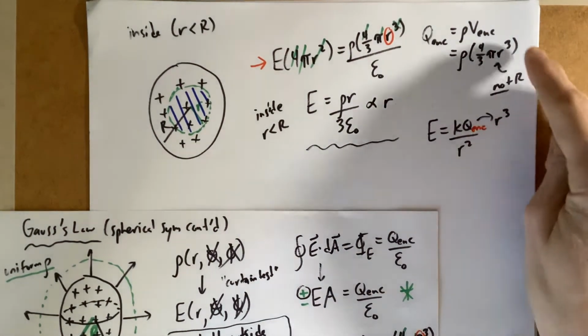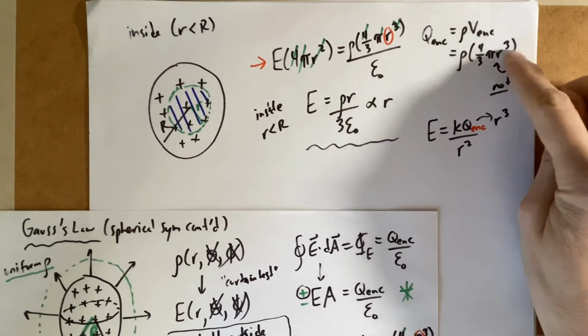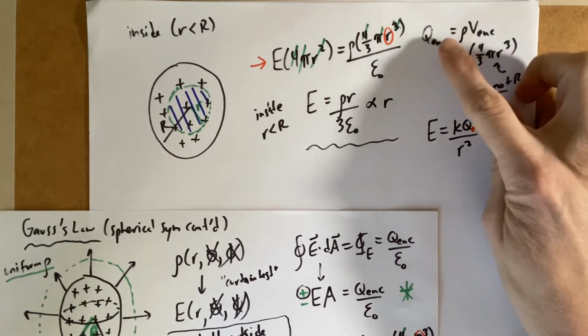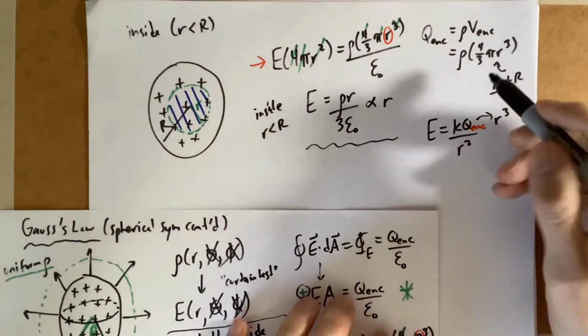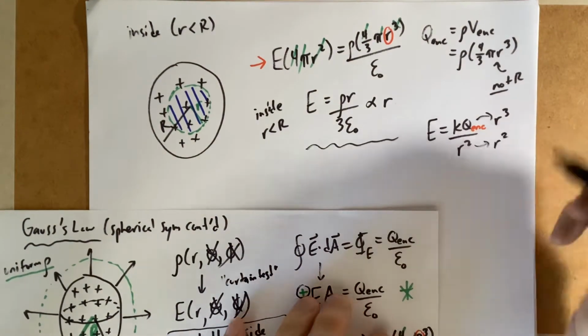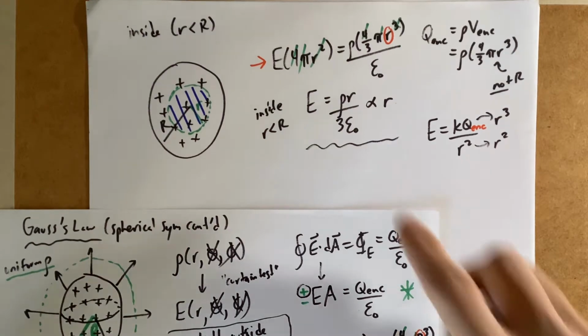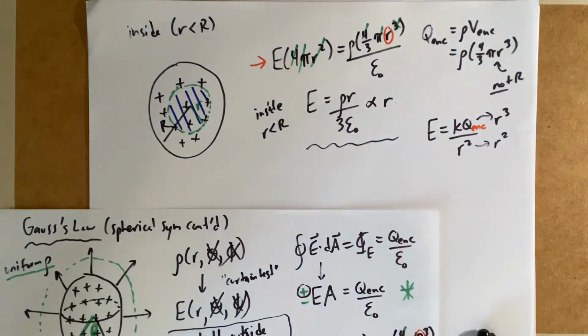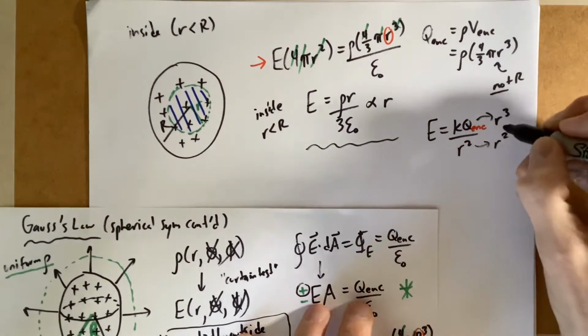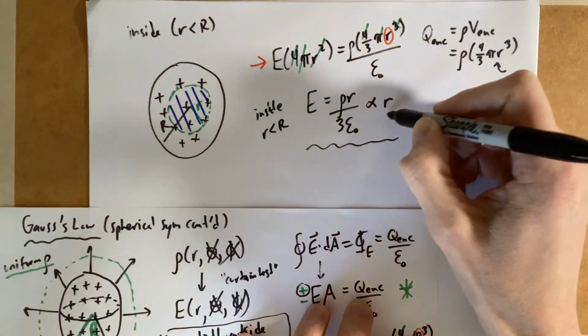And since q enclosed goes as the third power of r, as I expand my radius, the q enclosed goes as the third power of where I am, and that gets divided by this. As I go out, my catching area only gets bigger. That ultimately comes from here, that only goes off as r squared. You can see how this ends up being proportional to r itself, okay?